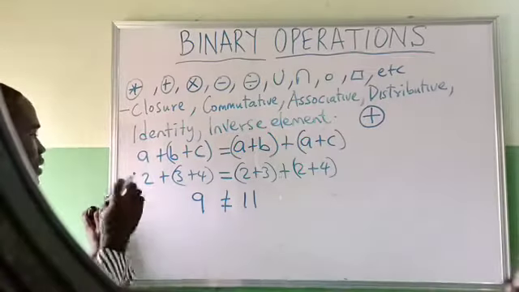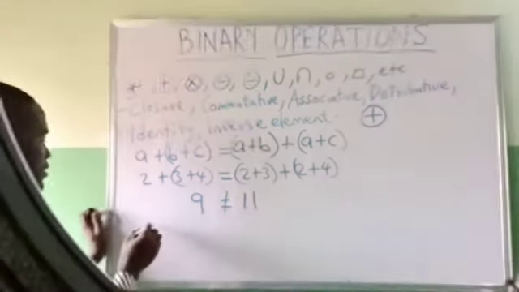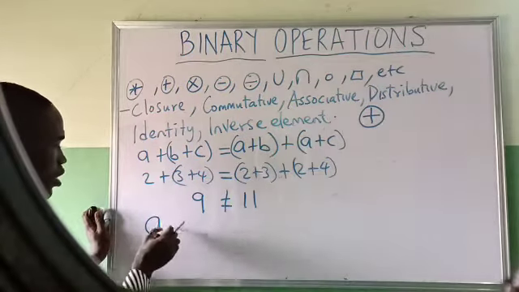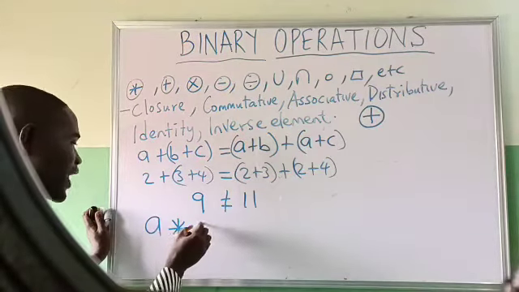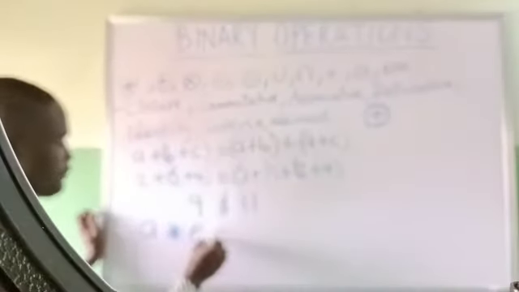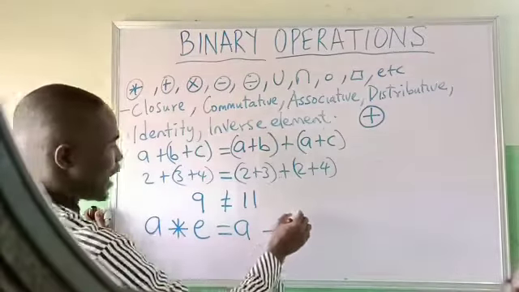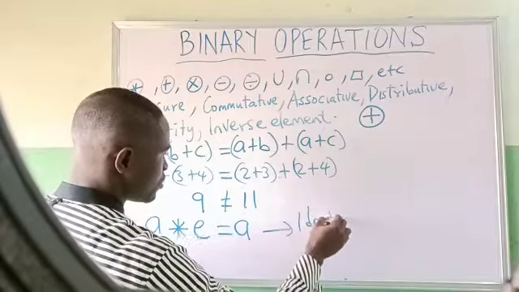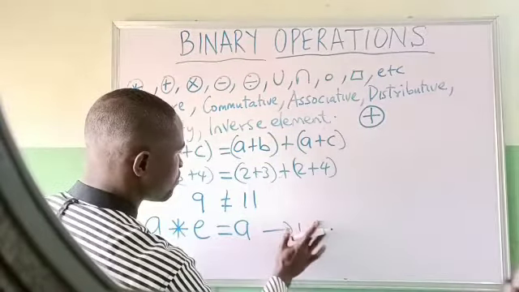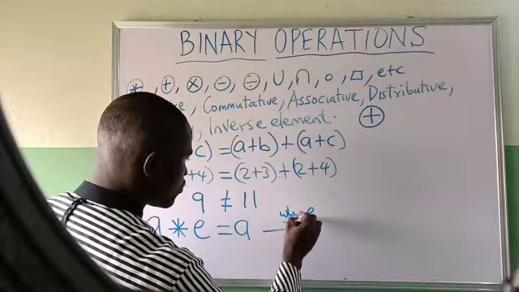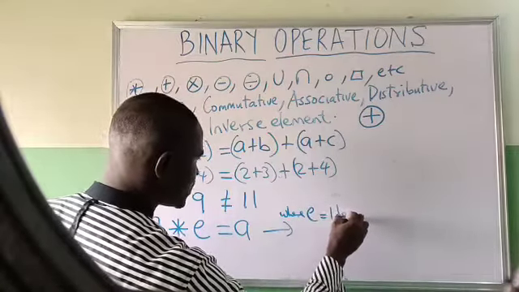Identity element. For identity element, if a number A combines with another number E to give you A, it is said to be the identity element, where E is the identity element.